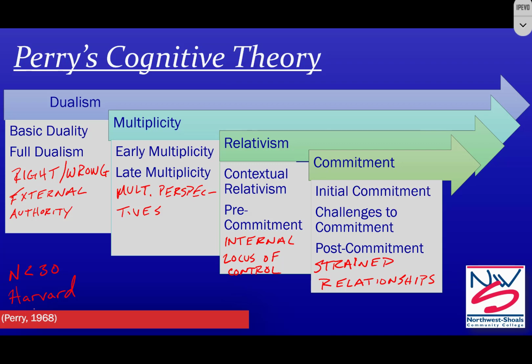There's always going to be criticism of any research, and most of the time rightfully so, and in this case is no exception. A sample size of less than 30 of a very homogeneous group, there's reason for criticism there.